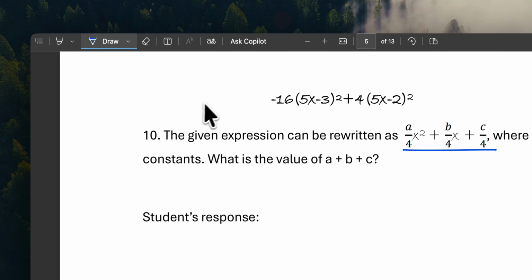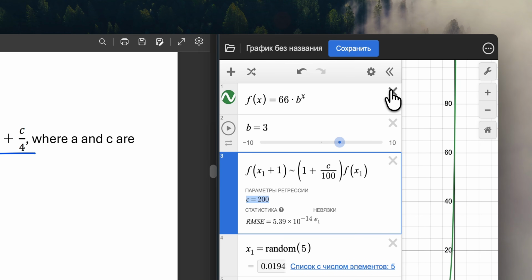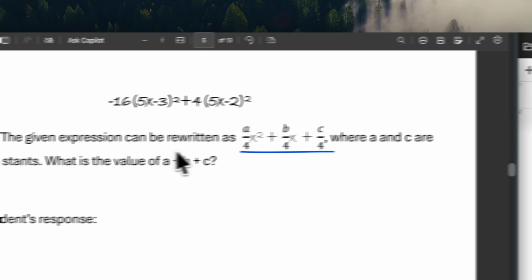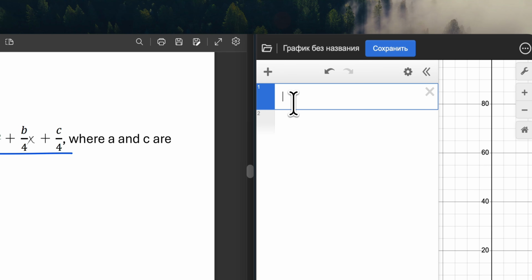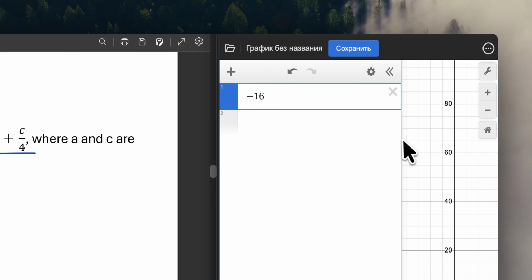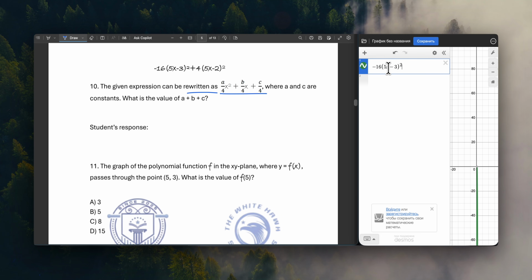Next one, the same, we can use Desmos again here. If the given expression can be rewritten as something, you can use Desmos here. So let's make it bigger. Okay, let's write 5x minus 3 squared.